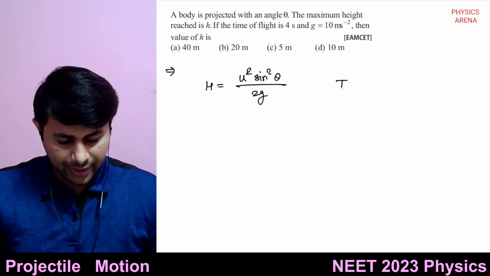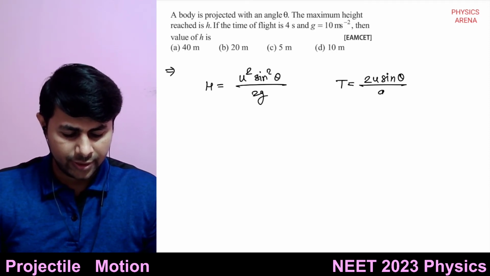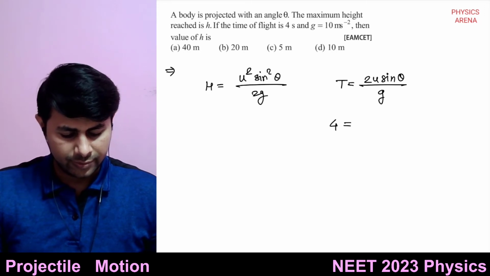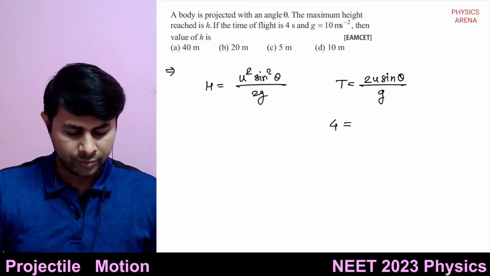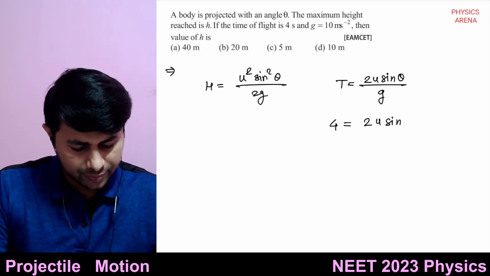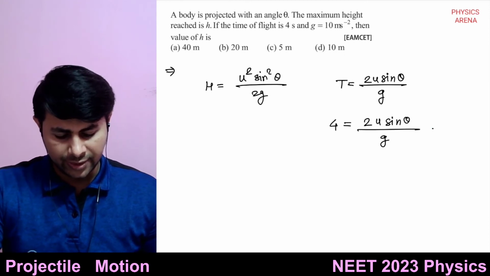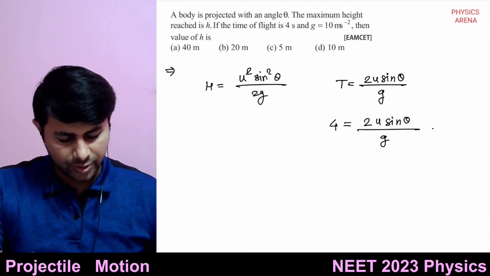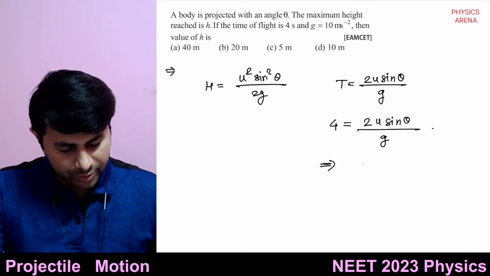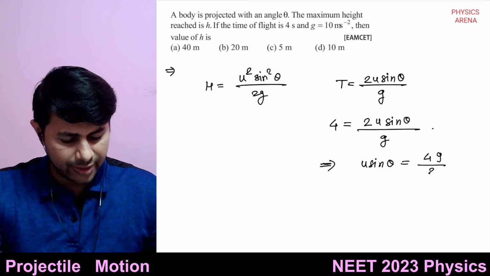Time of flight is 2u sine theta upon g. Time of flight is given, this is 4. So 4 is equal to 2u sine theta divided by g. Now I can substitute: u sine theta is equal to 4g divided by 2.